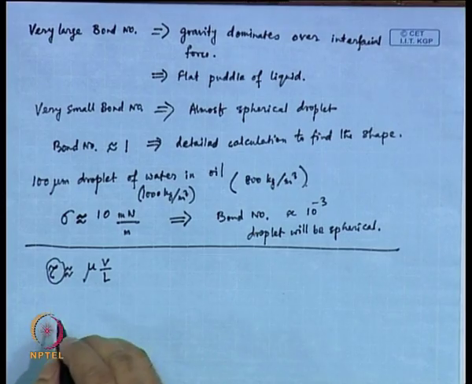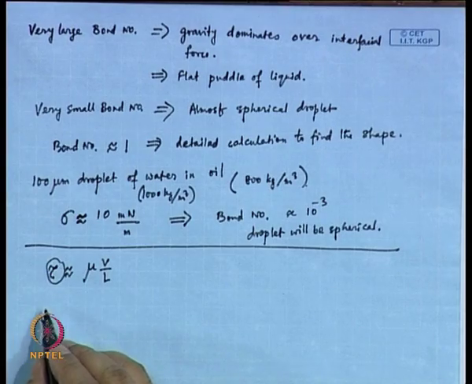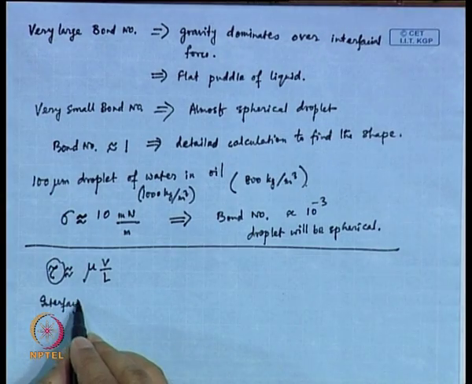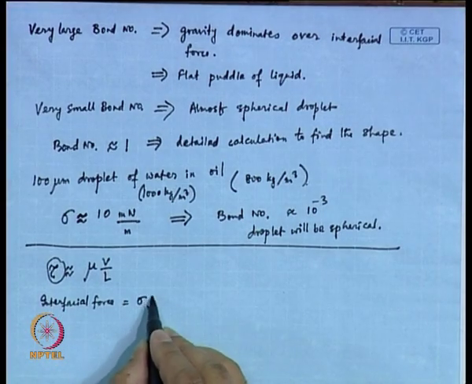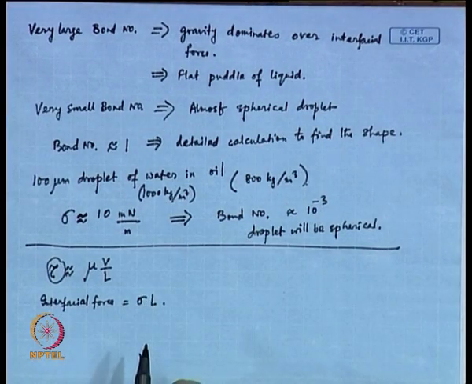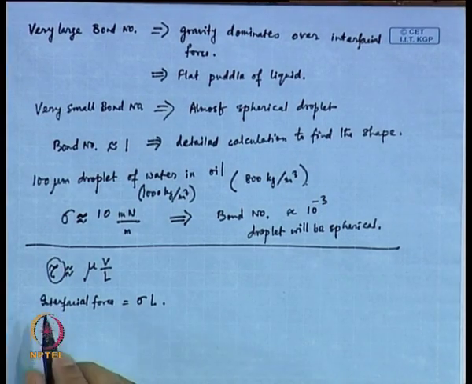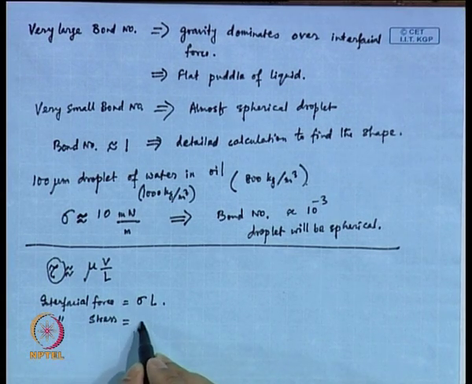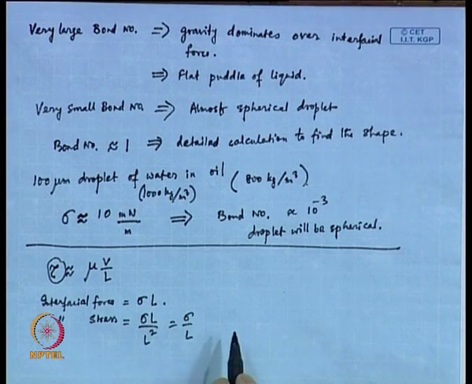And if we look at the interfacial force, it is equal to sigma into L. You understand, Newton per meter into meter cancels out, so it is Newton, the interfacial force. So, if somebody wants to find out what is interfacial stress, he will write this sigma L divided by L square, force per unit area. So, this becomes equal to sigma by L.